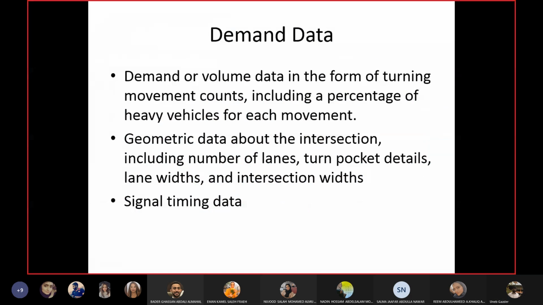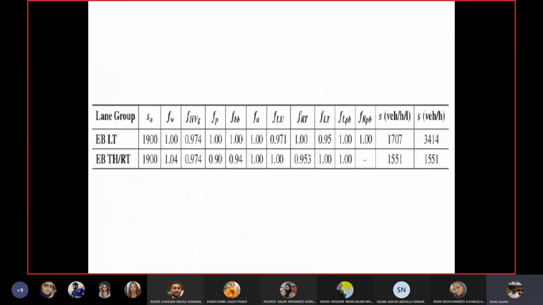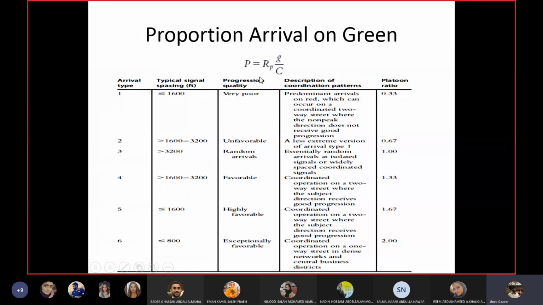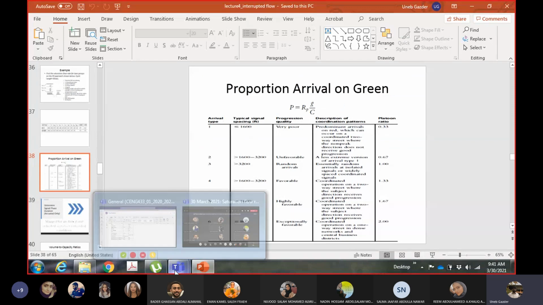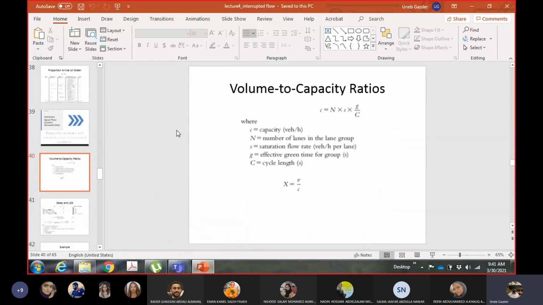I need the p value, which depends upon RP and G by C ratio.